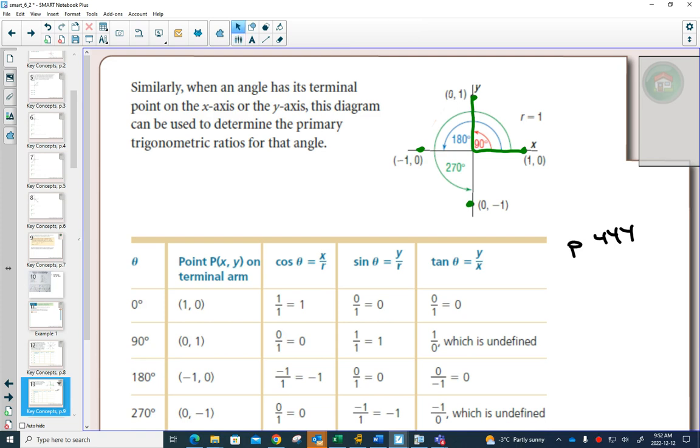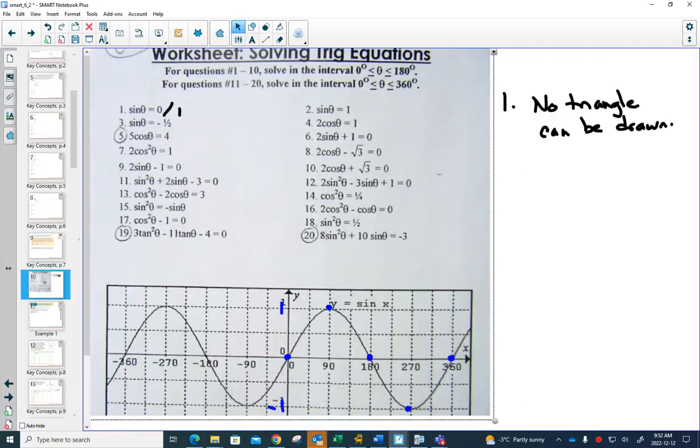And I think on page 444, we used the graphs. We drew the graphs as well. So on the ones that you can't draw the triangle, you need to use your graph. The graph of sine is on this page. The graph of cosine you should have drawn on page 444. If I have sine equal to 0.